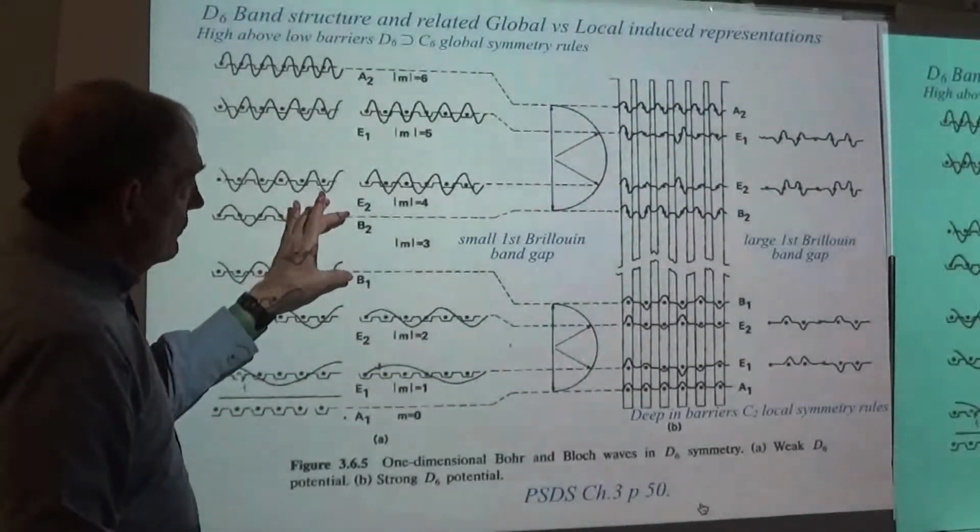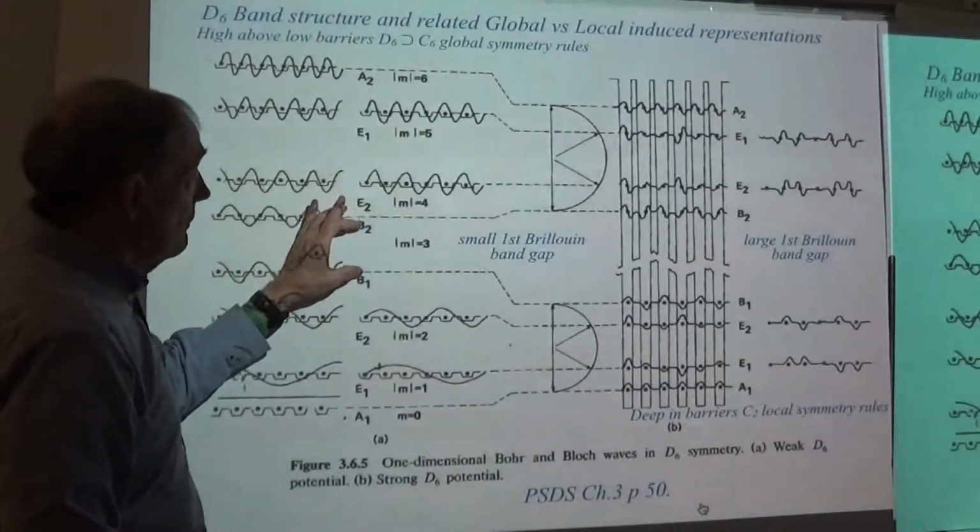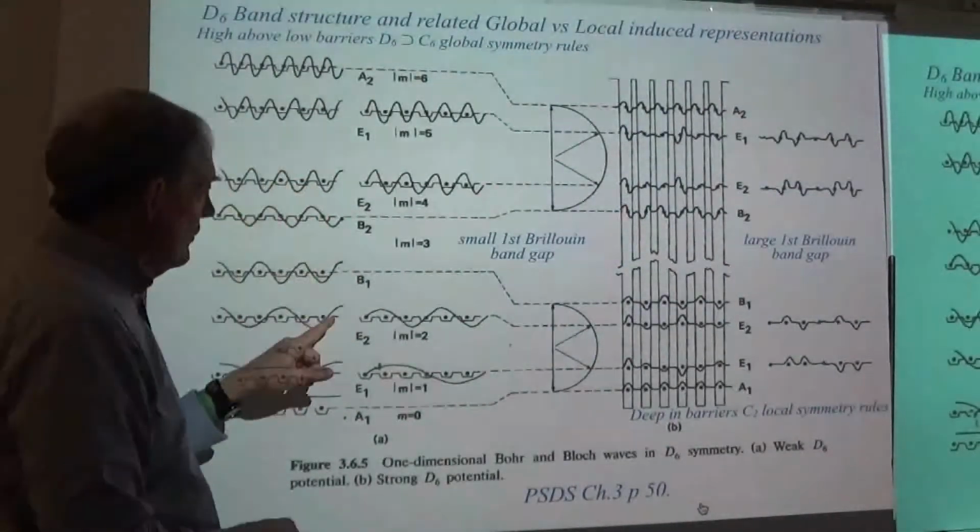Then, actually, that's a big exaggeration. The B1 and the B2 will be just a tiny splitting.